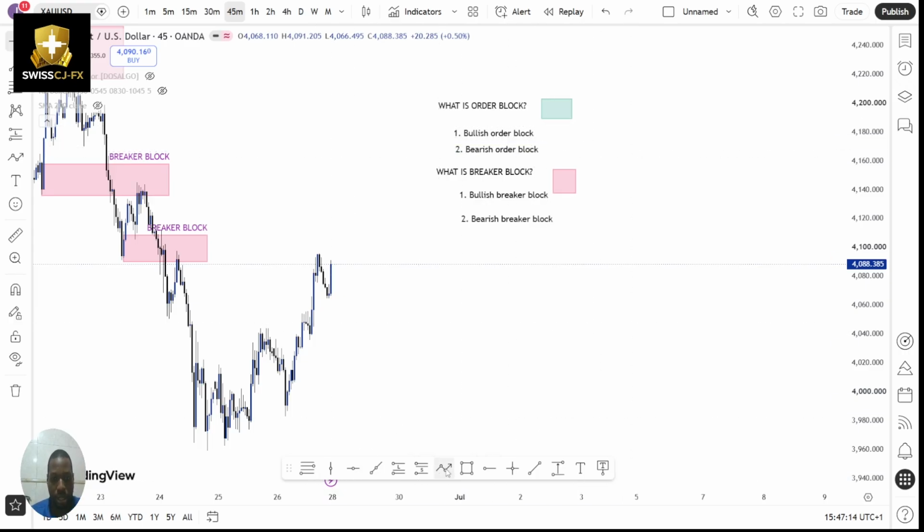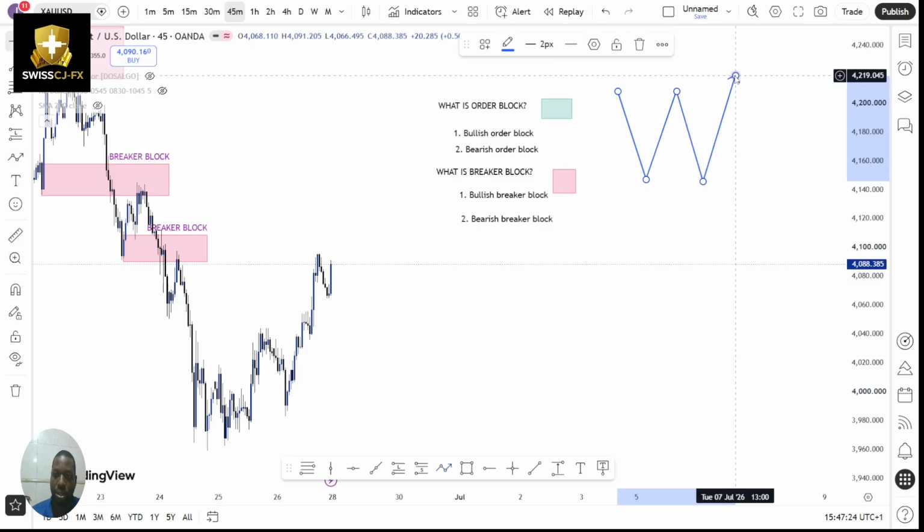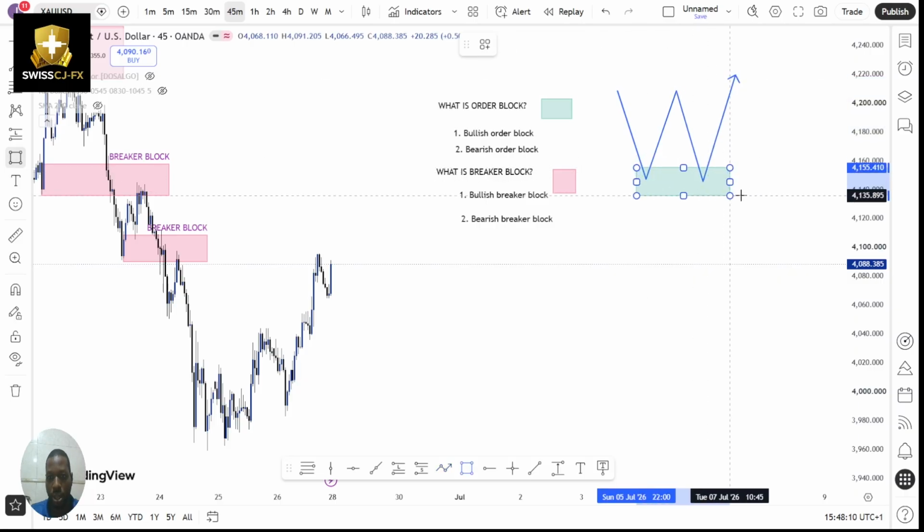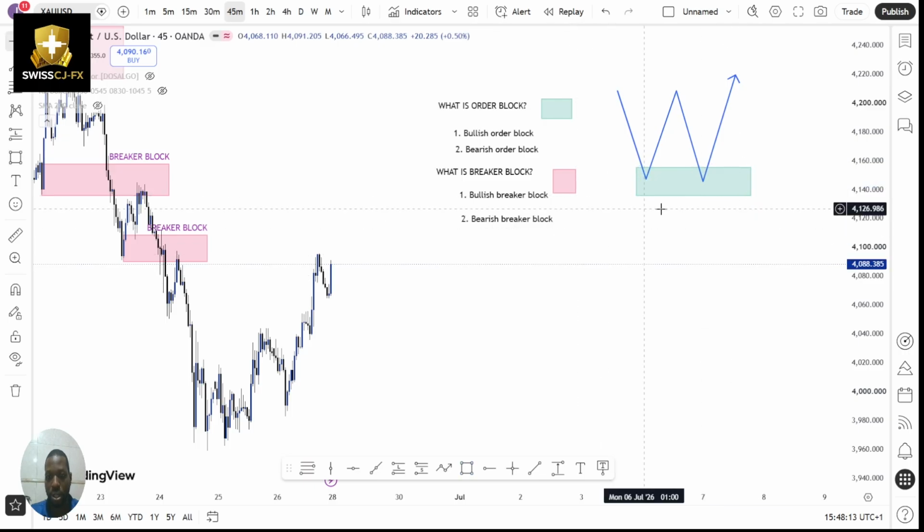For instance, this is a bullish order block. It goes like this. Here is what is called the bullish order block, easily identified using the W pattern in price action.